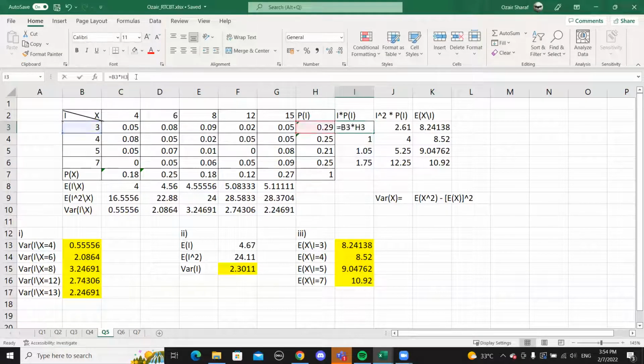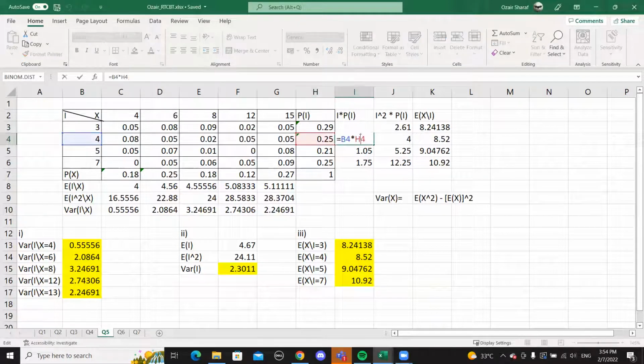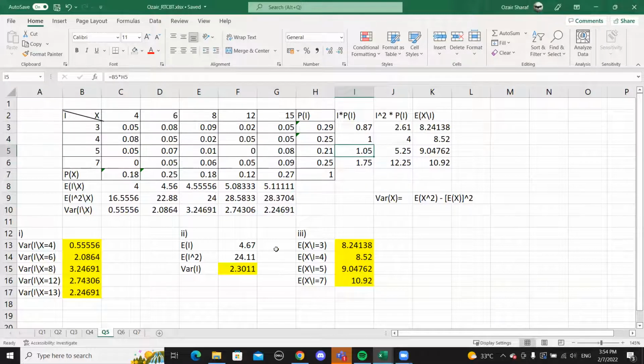I equals 3 multiplied by the probability of I equals 3, you get 0.87. And I equals 4 with the probability of I equals 4, you get 1. And so on. The summation of these values will be the expected value of I.